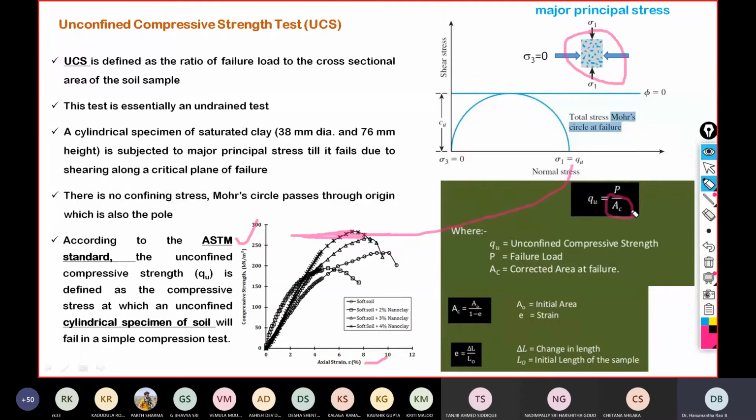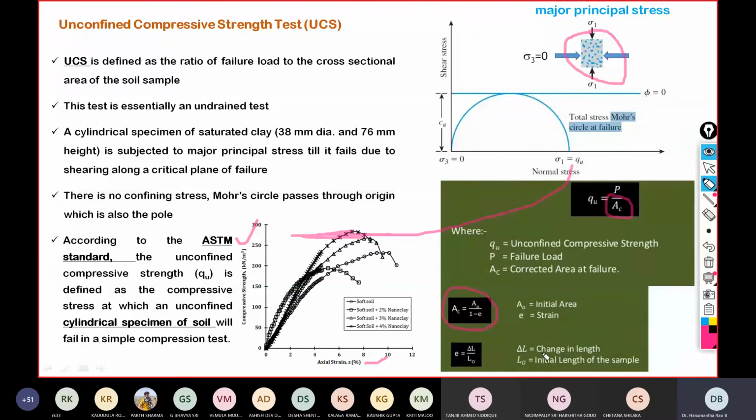So how to determine the change in cross-sectional area? That can be determined using this equation. The corrected area Ac is nothing but A naught, that is the initial area, divided by 1 minus e. e is nothing but strain. Strain is defined as the deformation divided by the initial length of the soil sample. So delta L is the change in length, L naught is the initial length of the soil sample.